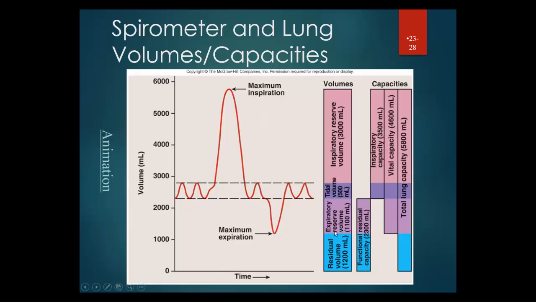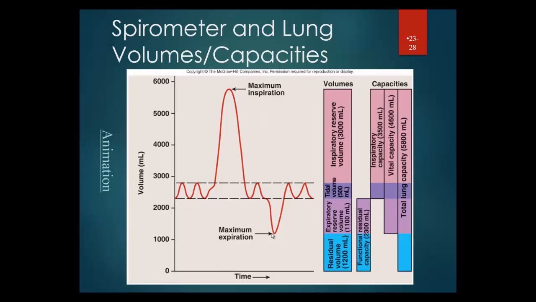So we can inhale a lot more than we can exhale. And if you think about why that would be important, if we exhaled all the air in our lungs, our lungs would collapse, and that would be very bad for gas exchange, because gas exchange is occurring even between breaths because we have air from the previous breath that is still in those alveoli to keep them expanded.